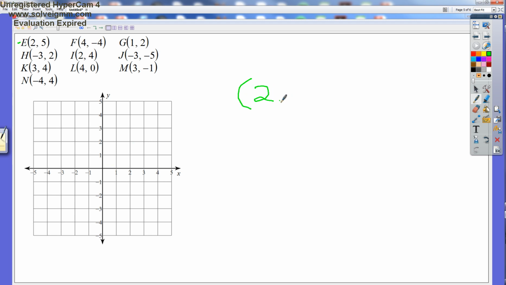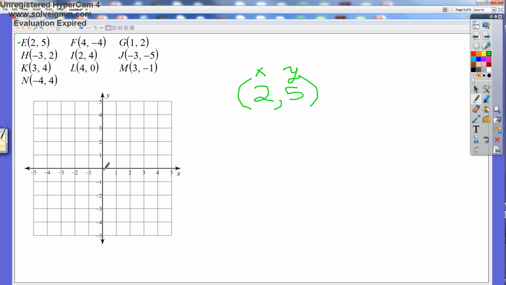If we're doing the point 2, comma 5, that means that 2 is our x coordinate and 5 is our y coordinate. So what that means is always starting at 0, 0 when we are trying to plot a point, we will start with our x.